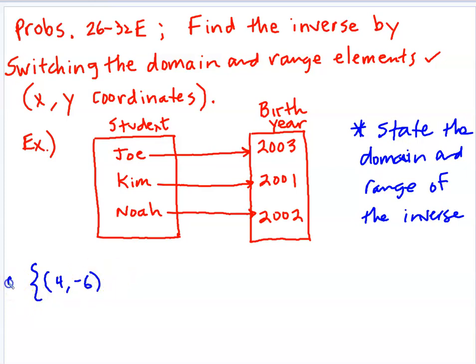So let's just say, for example, that this is a function called f of x, and it's got these ordered pairs in it. I'll just make up some ordered pairs here. We did this in Algebra 2.